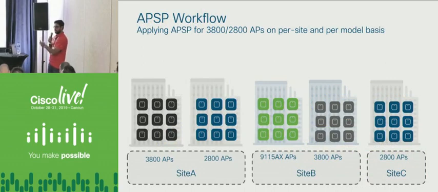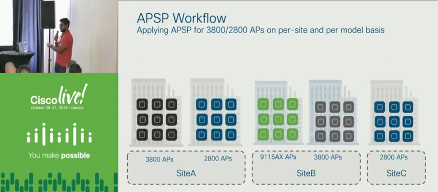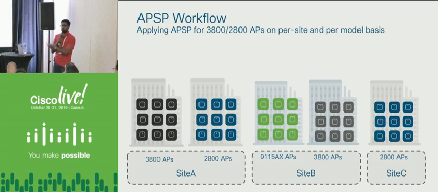There are 3 sites here: Site A, Site B, and Site C. Site A has 2800s and 3800 access points in 2 buildings. Site B has 9115s and the 3800 access points, and Site C has 2800 access points. Let's assume that there is a bug which is only impacting the 2800 and 3800 models and not any other model.